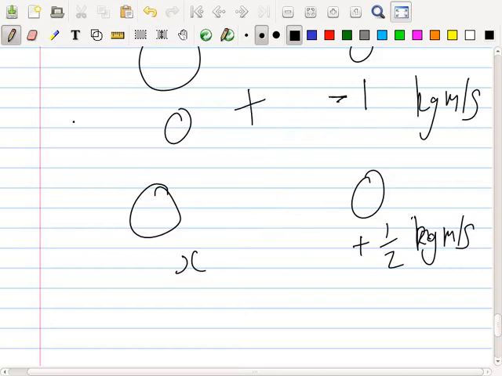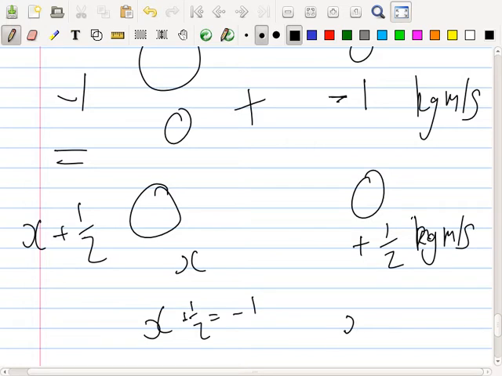This plus this, which equals -1. And afterwards, x plus 0.5. And they must be equal. So what does x equal? x plus 0.5 equals -1, so x equals -3/2. So that's to the left. Minus a half.